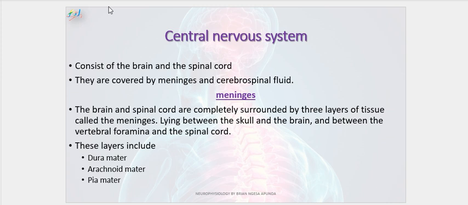The first structure that maybe we'll explore is the meninges, because the meninges are the covering layers of both the brain and the spinal cord. It is good to understand how the meninges are arranged, because, in close association to the brain ventricles, we'll be able to understand how the cerebrospinal fluid normally flows.